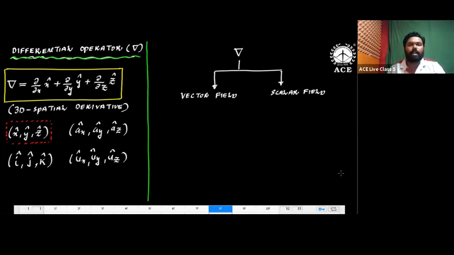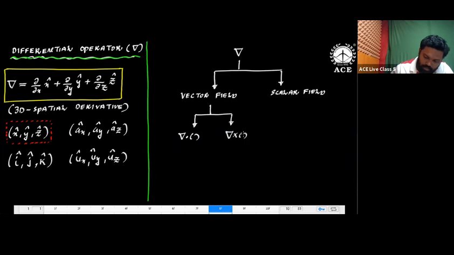On the vector field, I can operate in two ways. You would have learnt in your basics that two types of vector products are possible. One is you can perform what is called a divergence. One is you can perform what is called a curl. This is called divergence, and this is called curl if you perform the cross product.